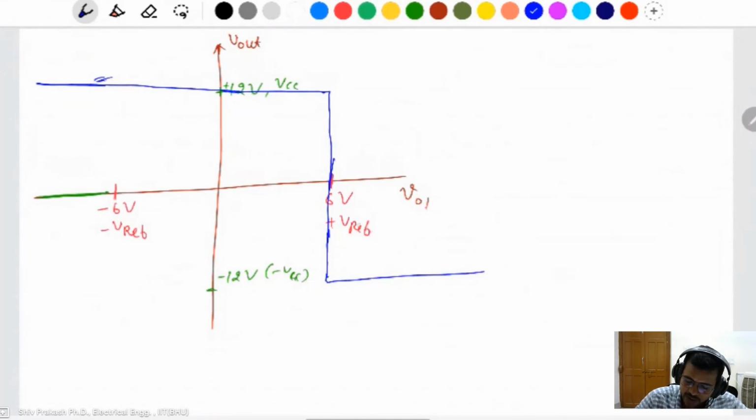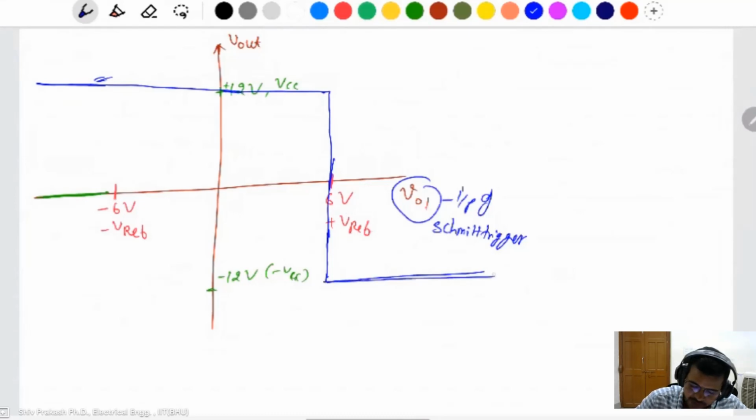When the input of Smith trigger is more than the plus 6 volt, the output of the Smith trigger is minus of VCC. This is the minus of VCC. This is the straight line.